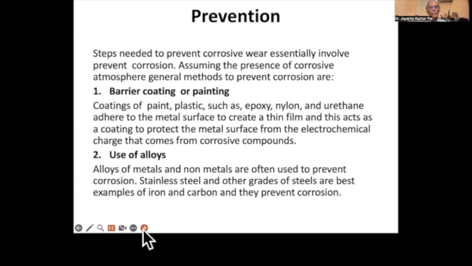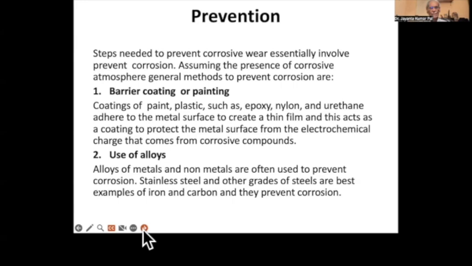So, prevention. Again, prevention depends on the type of wear, but there are broadly a few steps that can be taken. One is, as I said, barrier coating or painting. These are probably one of the best ways of taking care of corrosion.